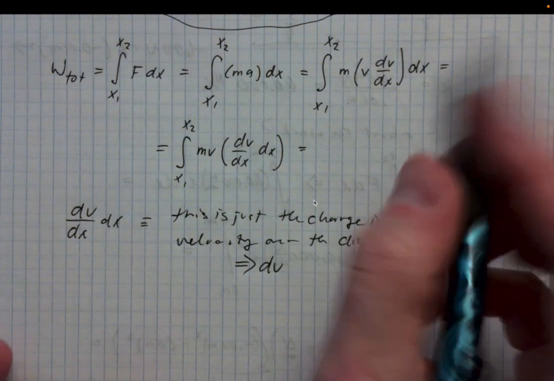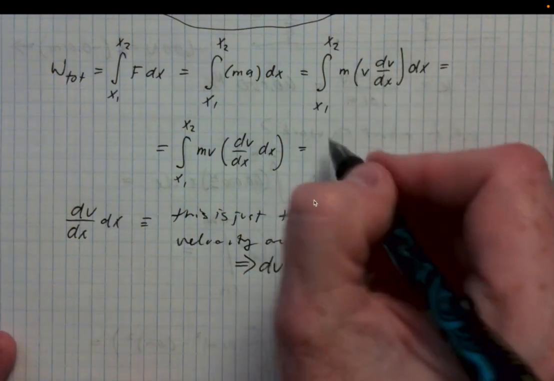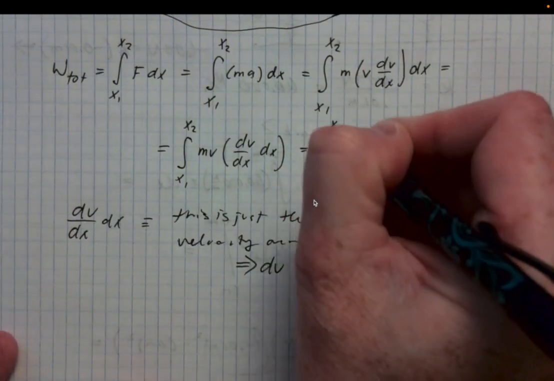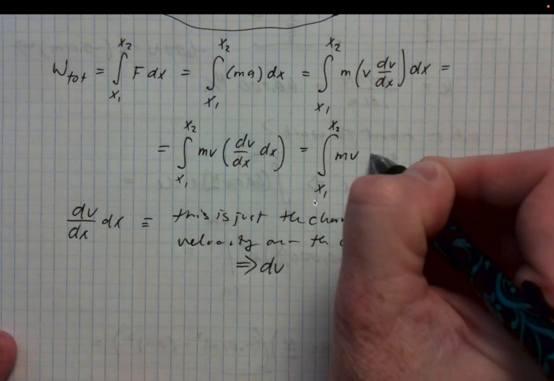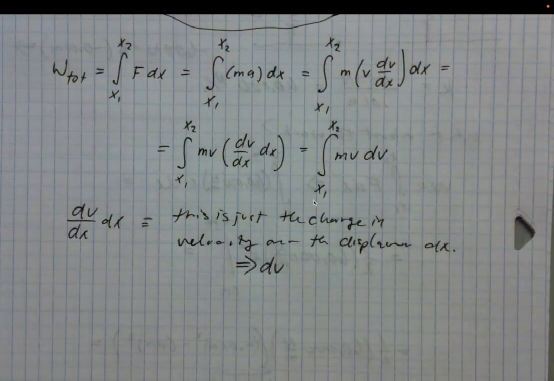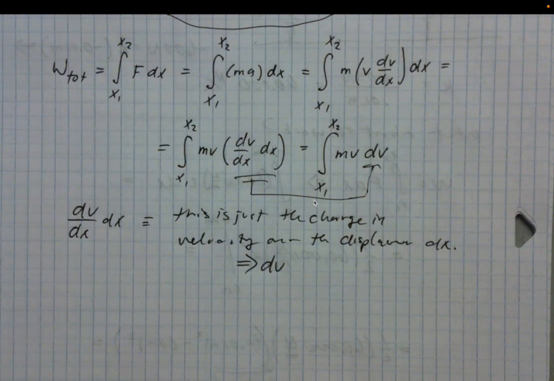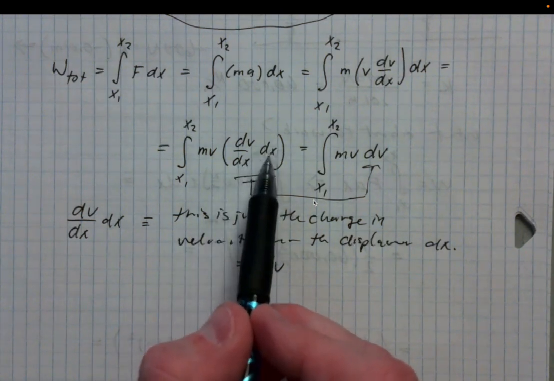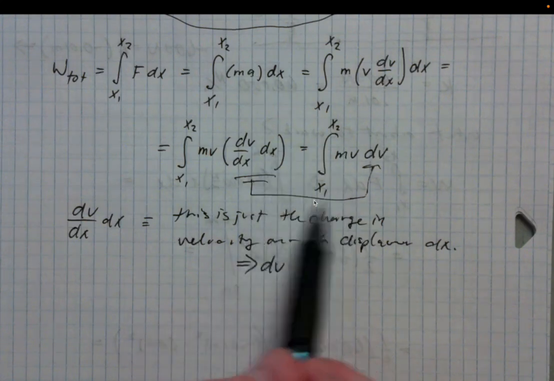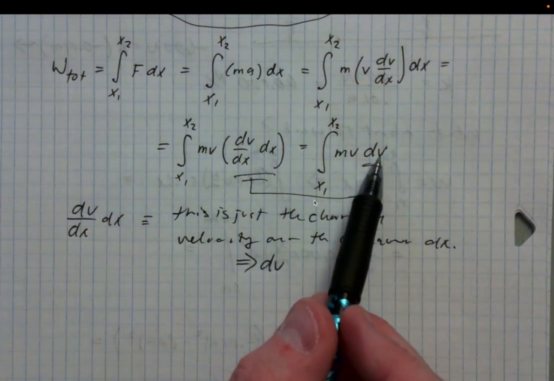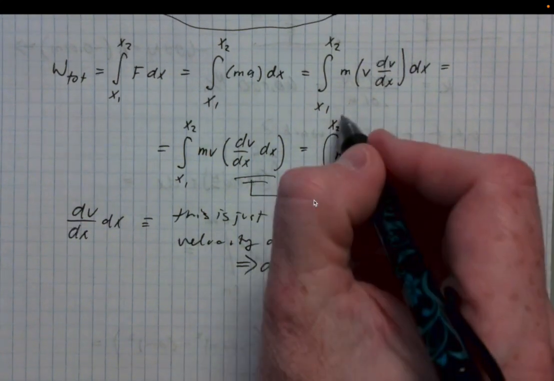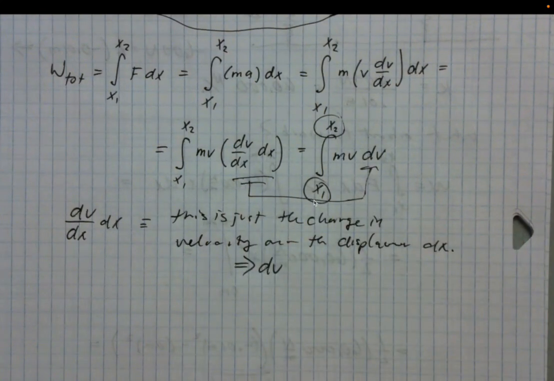So I'm going to write this, but then we'll see why it's wrong. This part certainly can be restated this way, but what's the problem? Here we're integrating with respect to position x, and now suddenly we're integrating with respect to velocity, but my bounds on the integral have not changed. That's a problem.